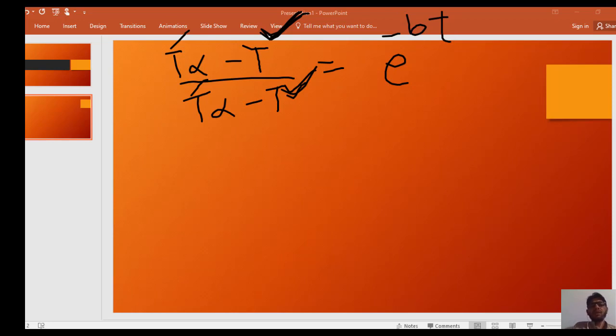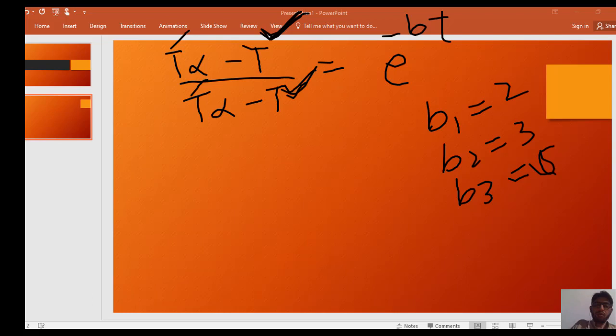So if we increase the value of B, suppose B1 is 2 per second, B2 is 3 per second, B3 is, suppose, 5.